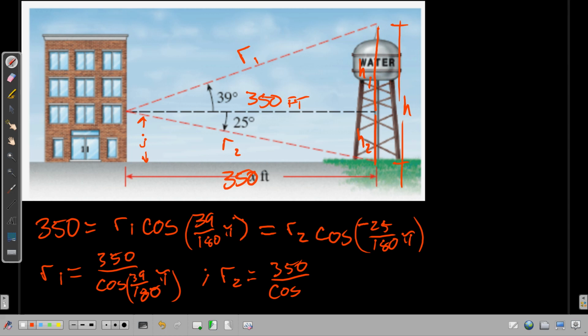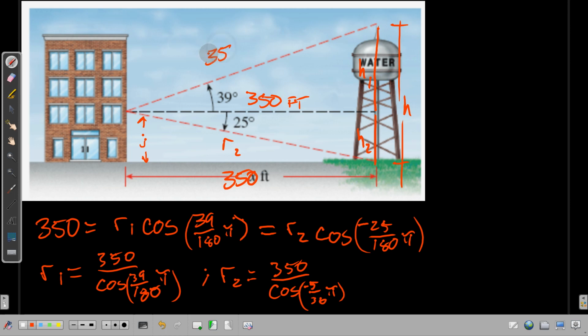Well, 25 over 180 should simplify, so that'd be 5/36 pi. So now I know R1 and R2, they're those numbers.